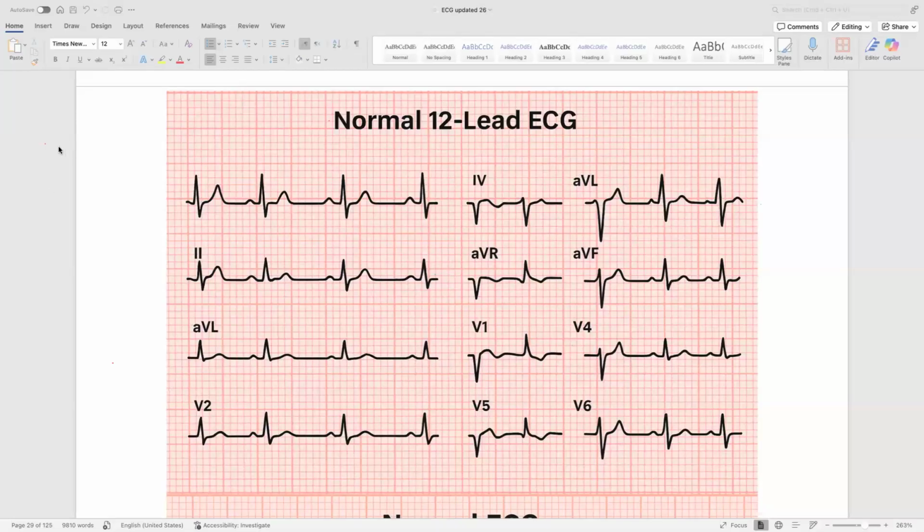Because it is matching the electricity journey, from right to left. It is iso to the electrical line in the heart.